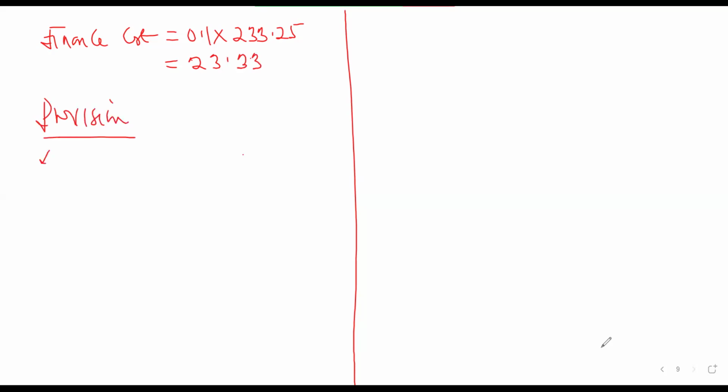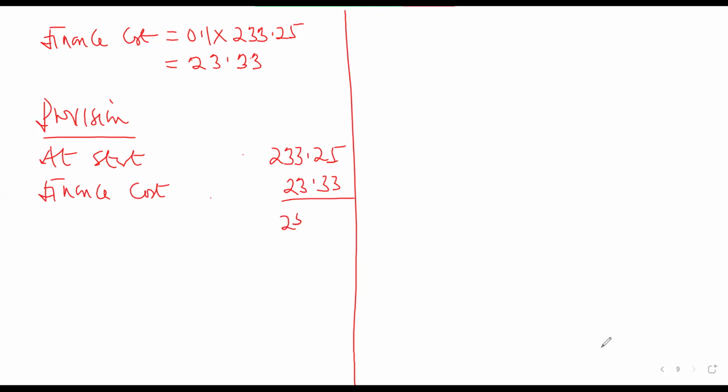Our provision will be the balance at start, which is 233.25, plus the finance cost component. So we are increasing it till we get the 500 at the end of that year. So that will be 23.33. What will be the total? 256.58.